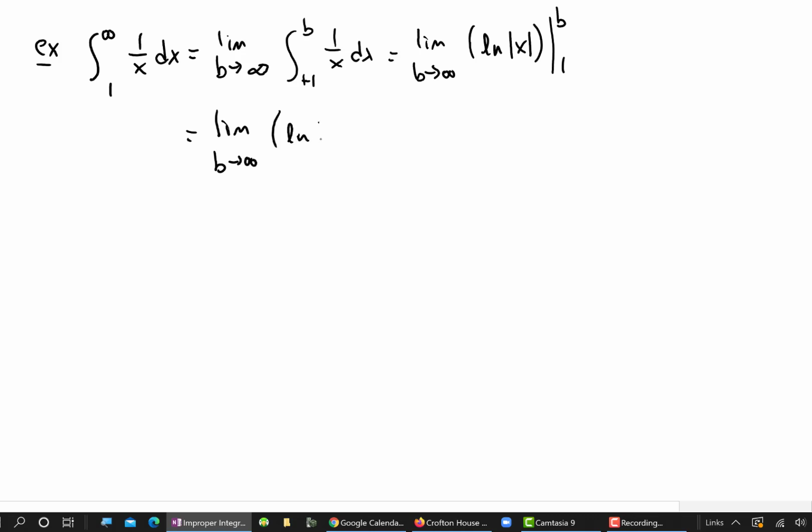This becomes ln b minus ln 1, and you should be able to see from this that when I substitute b going towards infinity and apply this limit, this becomes infinite, therefore it diverges.